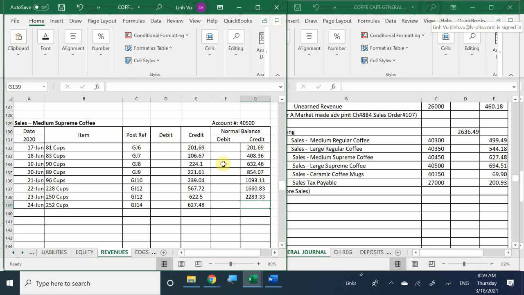So what is my grand total here? $2,910.89. Good.